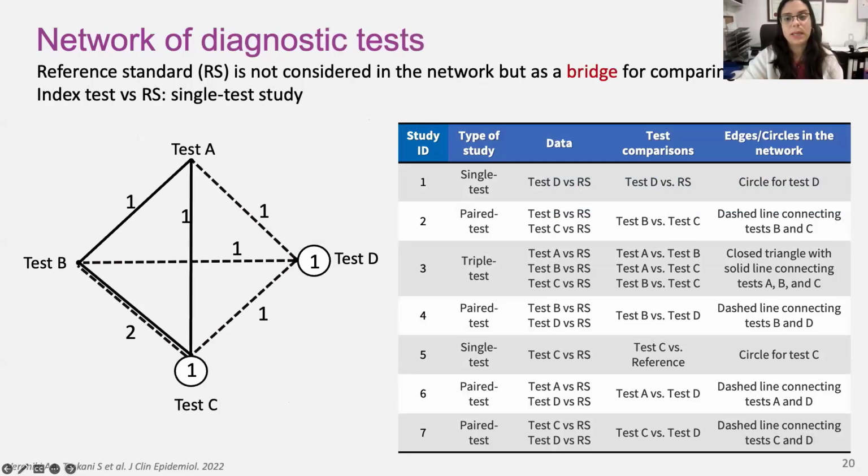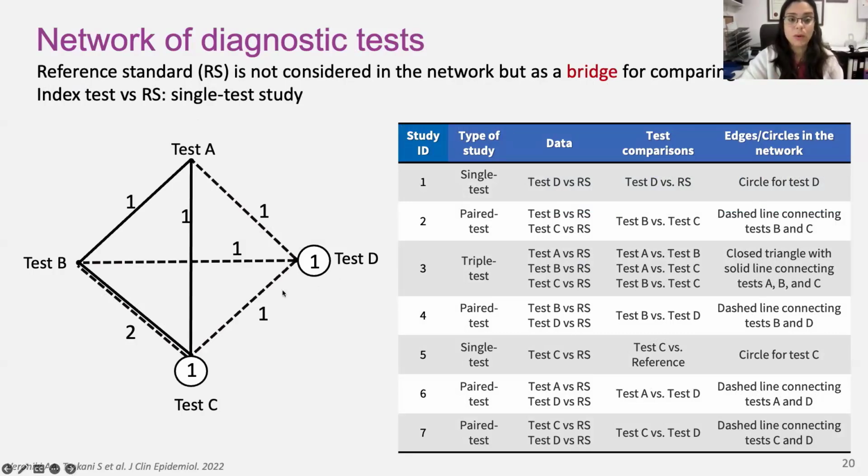Now let's take a look at the network meta-analysis of diagnostic test accuracy studies. Suppose again that we have 7 studies evaluating 4 index tests. We have A, B, C, and D, evaluated in a single test design, but also in a paired test or in a triple test design. So for example, in study 1, we have a single test study evaluating test D against the reference standard.